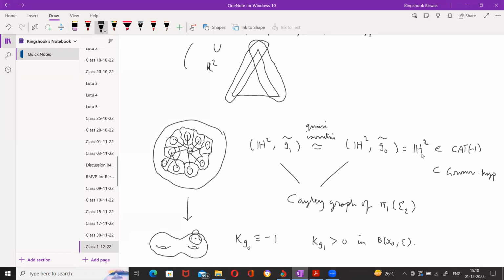The relation between these three is a bit more complicated. So CAT(-1) is contained inside both Gromov hyperbolic and CAT(0). But between CAT(0) and Gromov hyperbolic, there's no containment relation either way.